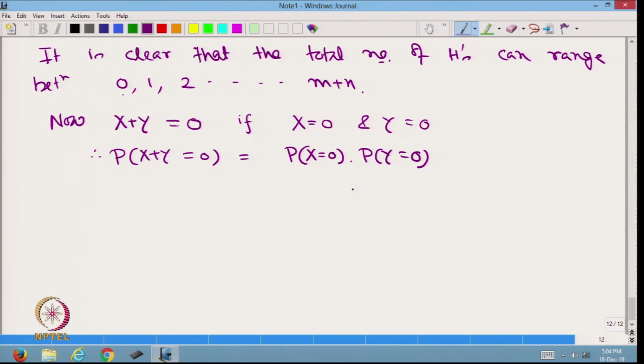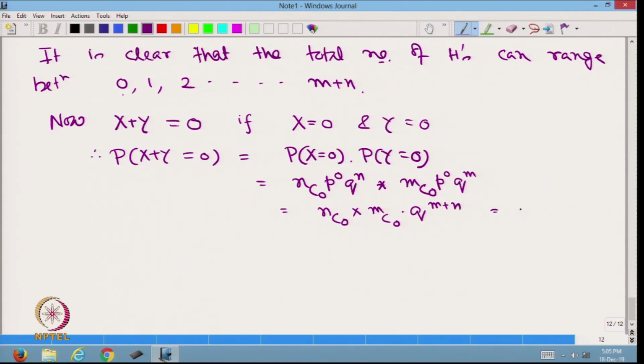Therefore, we can multiply their probabilities, and this is going to be n c 0 p to the power 0 q to the power n multiplied by m c 0 p to the power 0 q to the power m is equal to n c 0 into m c 0 into q to the power m plus n, since p to the power 0 is equal to 1, is equal to q to the power m plus n.